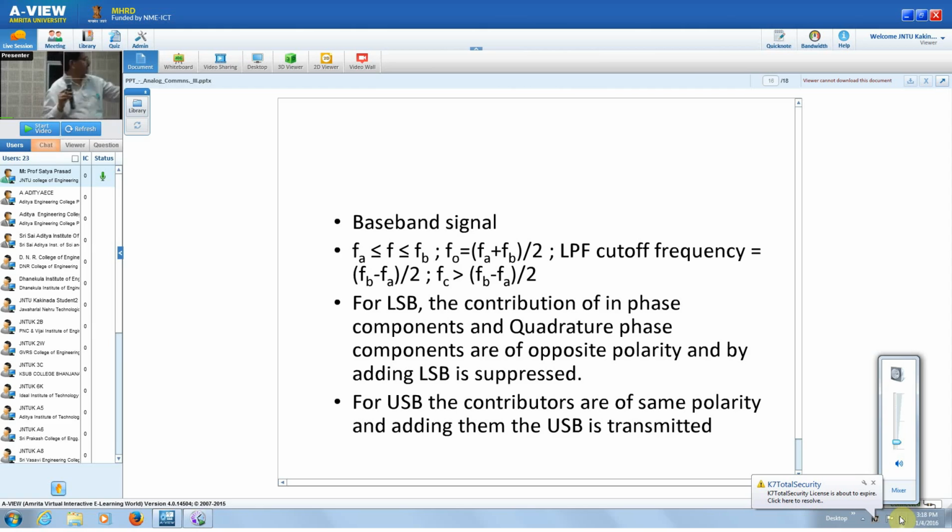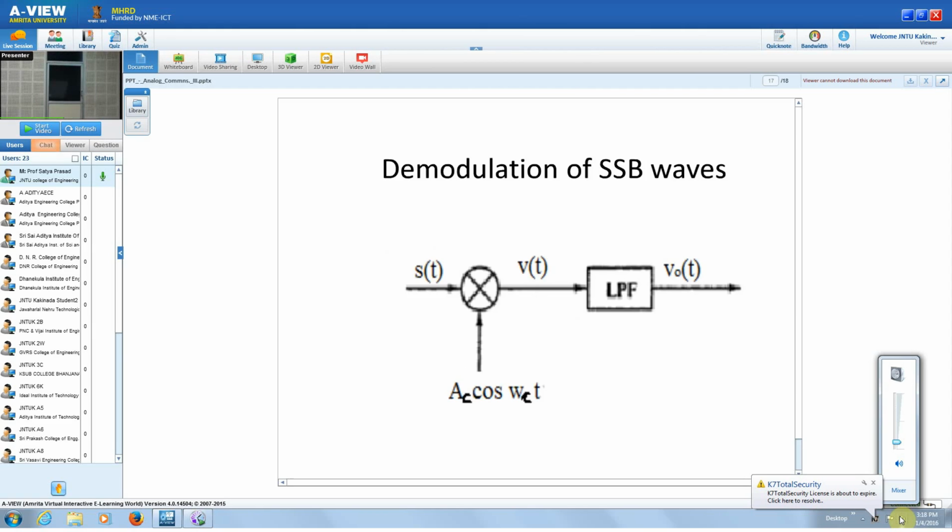Then passing it. Having S of t, which is going to be our required input, the SSB signal, that we are multiplying with the carrier signal cos omega ct, which we are generating as a coherent carrier, AC cos omega ct.